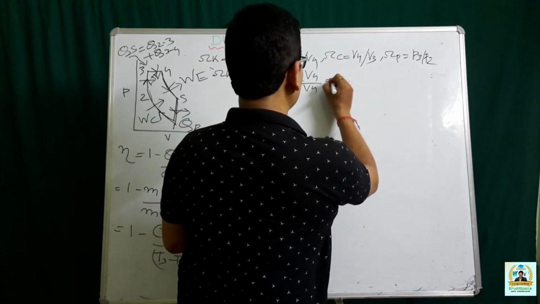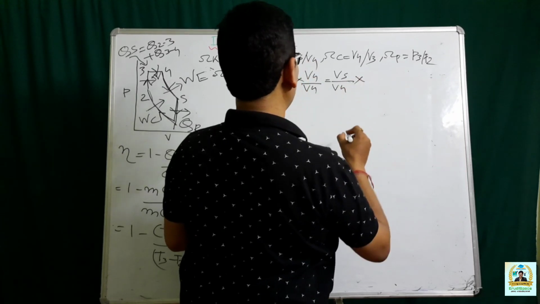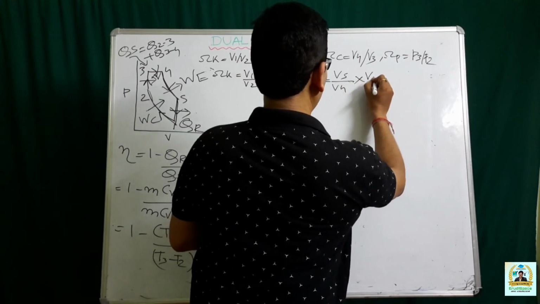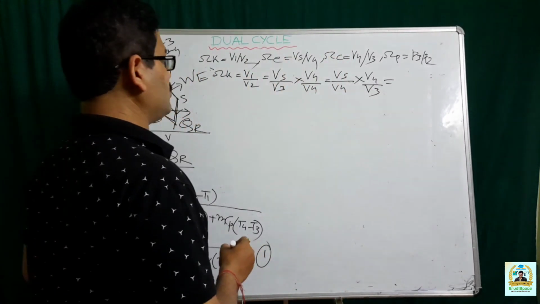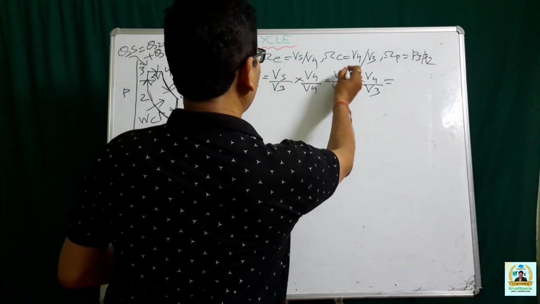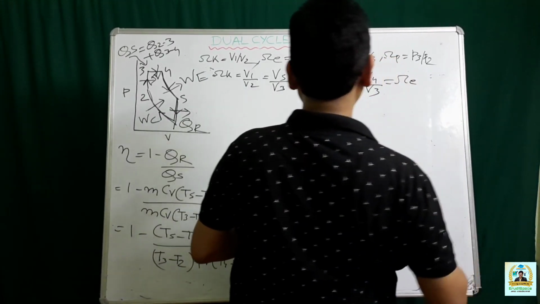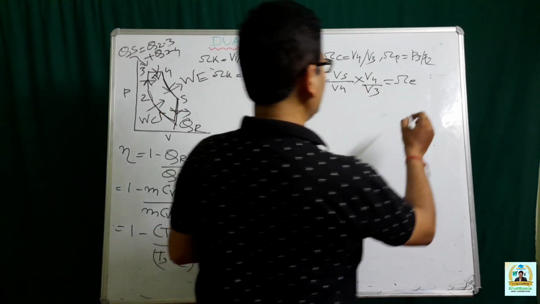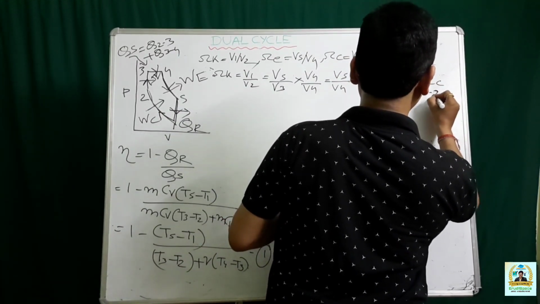You can represent this as V5 by V4 multiplied by V4 by V3. So this is equal to your V5 by V4 is your RE and V4 by V3 is your RC. You denote this as equation 2.